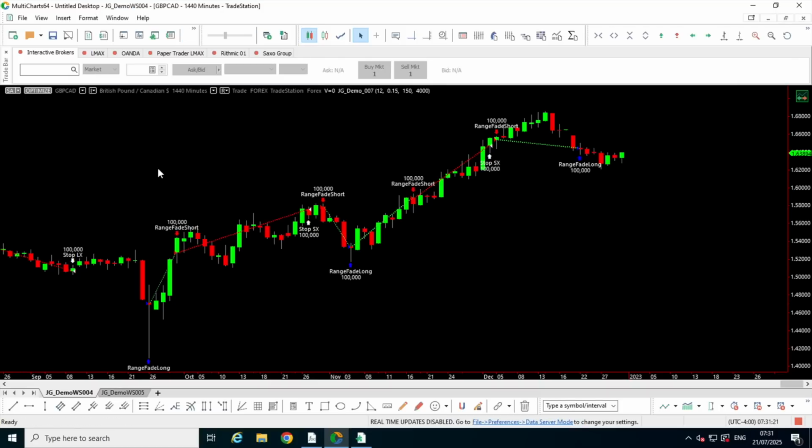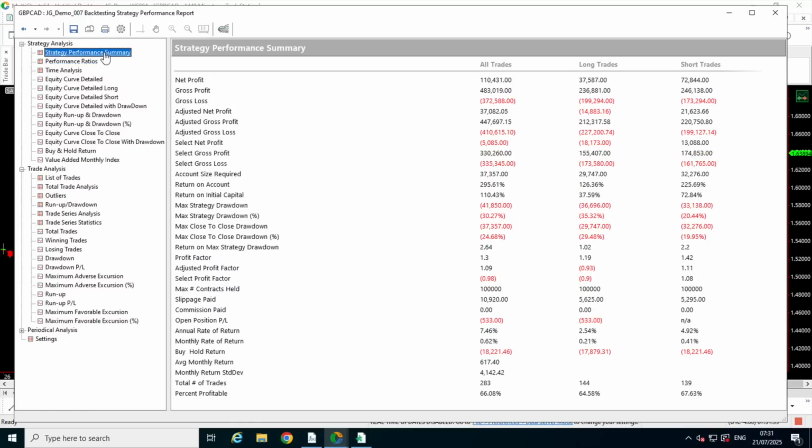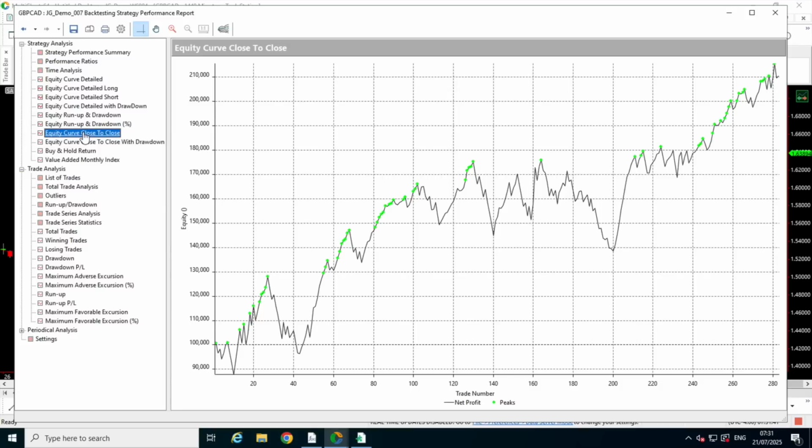Looking at pound Canadian, 66% win rate, similar, a much higher average trade of $390 or 39 pips. We know we've seen $110,000, and that's what the equity curve looks like.